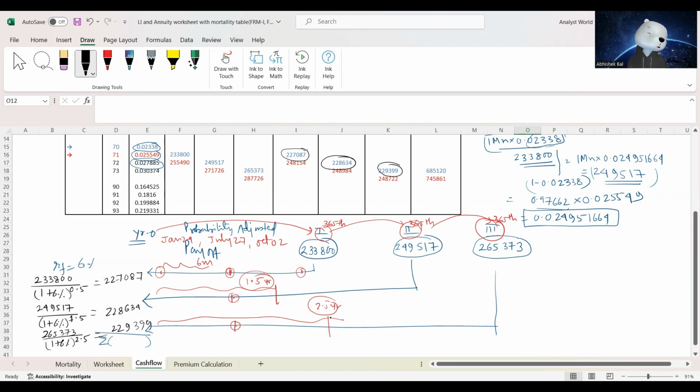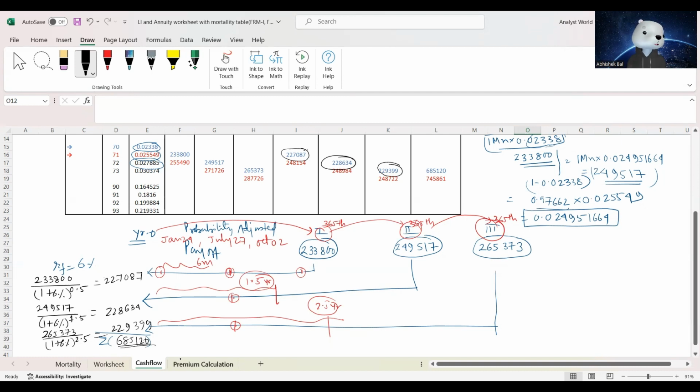Since we have gotten this, I think now our job is done, isn't it? All that we have to do is add all of them and then divide it by 3. Why should we divide it by 3? Simple, because... so it comes out to be 685,120.